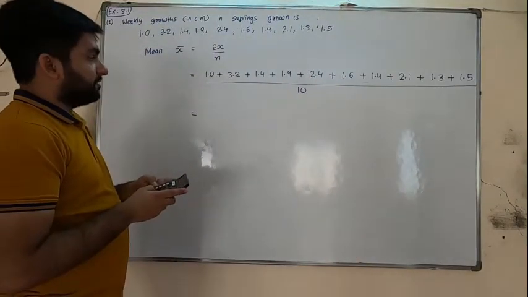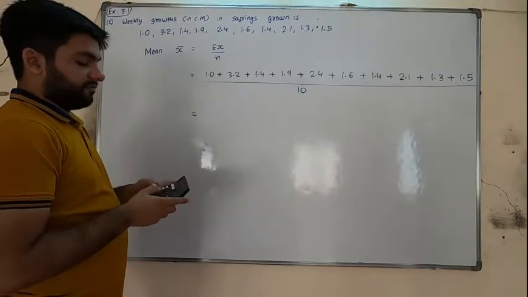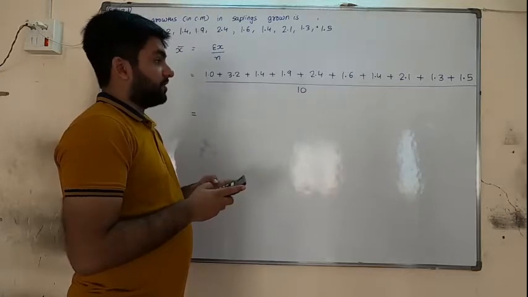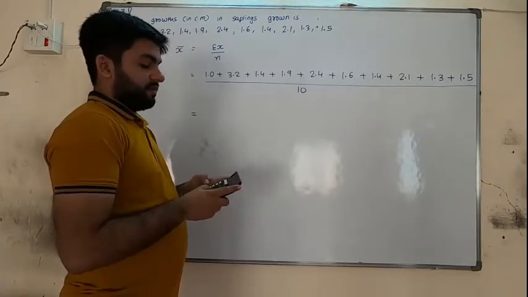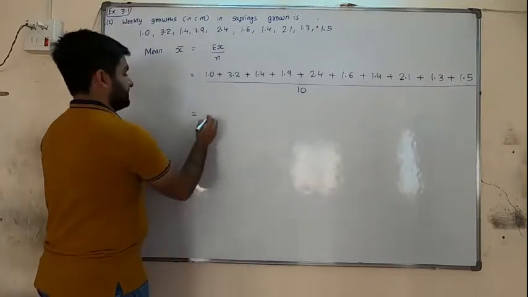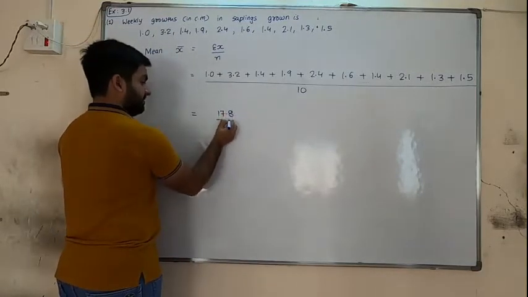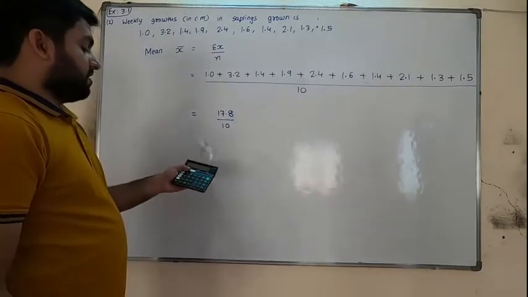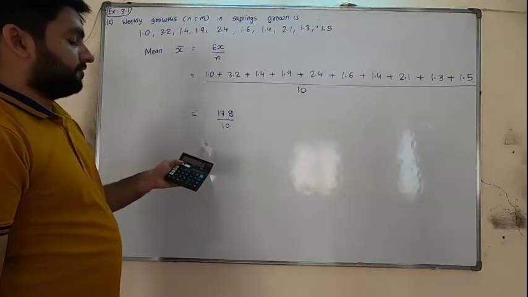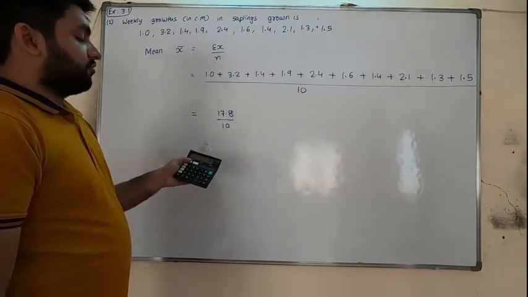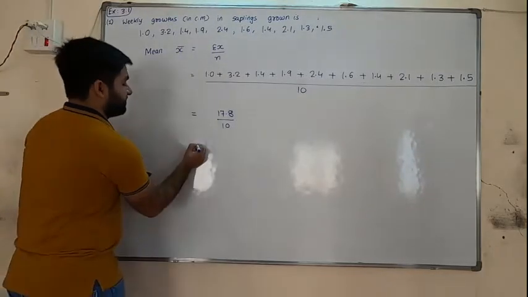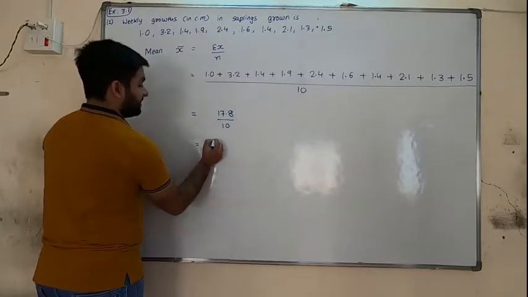The total is 17.8 divided by 10. Let us check it once more. It is 17.8 divided by 10, 1.78.